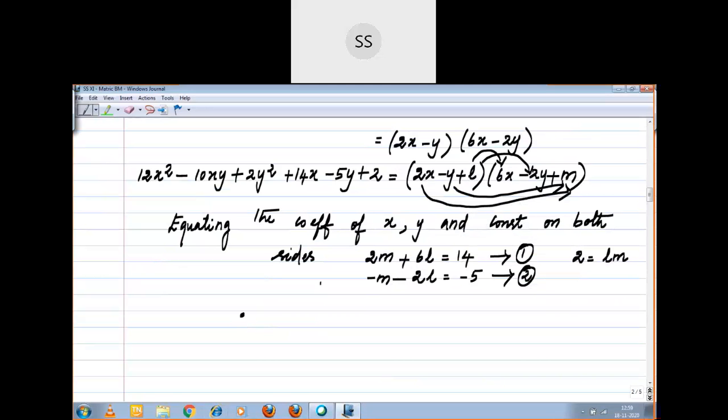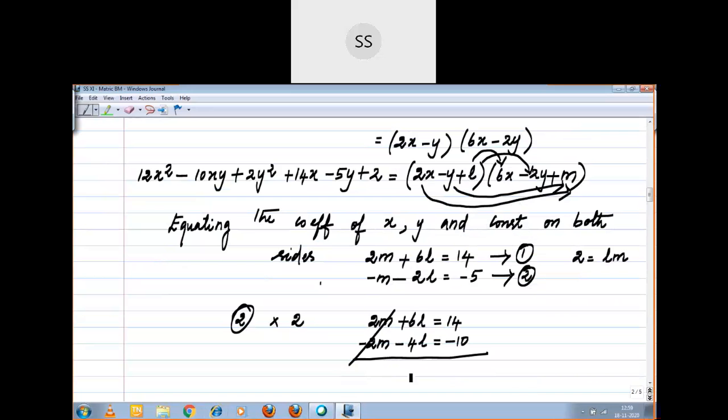Now, using the elimination method, you have to find out the value of M and L. Equation 2 is multiplied by 2. So the first equation you should write as such. The second equation you are going to multiply with 2, so minus 2M minus 4L equal to minus 10.